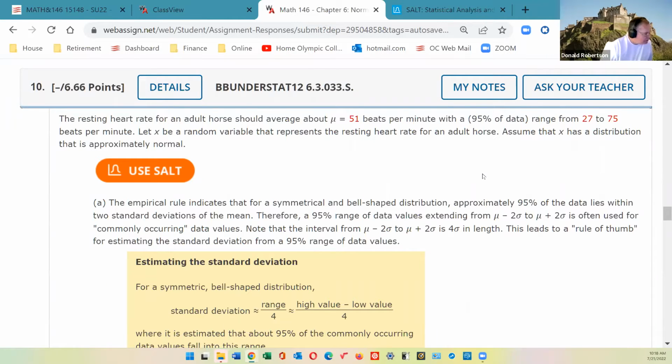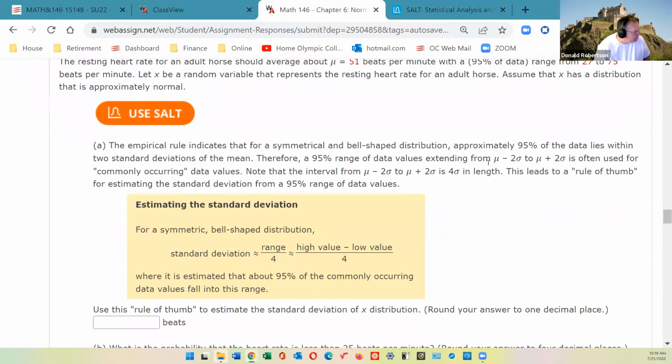Now, horses range from 27, which is obviously the smallest, up to 75. Okay, got that. And let X be a random variable that represents the resting heart rate for any particular adult horse, and assume that everything is normally distributed.